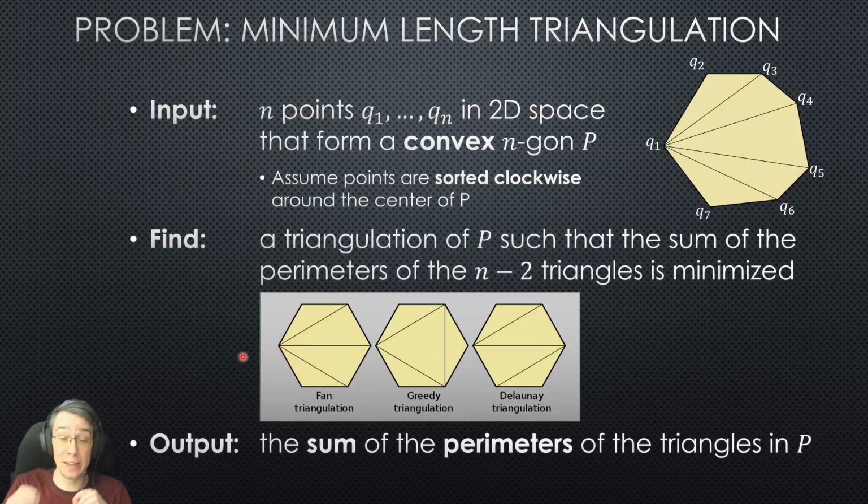And we want to find the triangulation that has the minimum sum of all those side lengths, okay? And the output, rather than going all the way for the complicated version of this problem and having you output the actual triangulation, you can output just the sum of the perimeters that is minimum, okay?